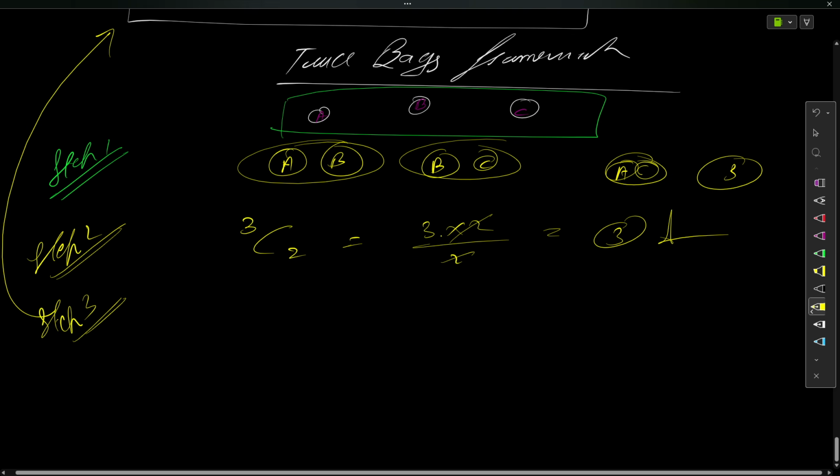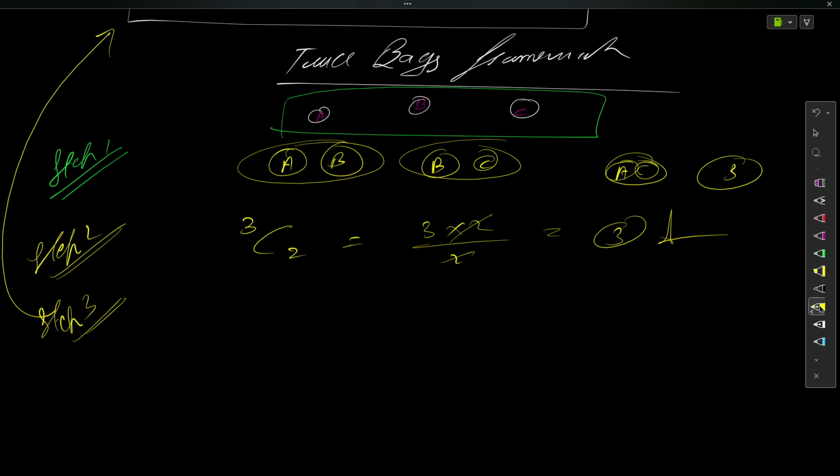According to Vandermonde, it divides the balls into two bags. What do I mean? Let this be bag 1 and this be bag 2.